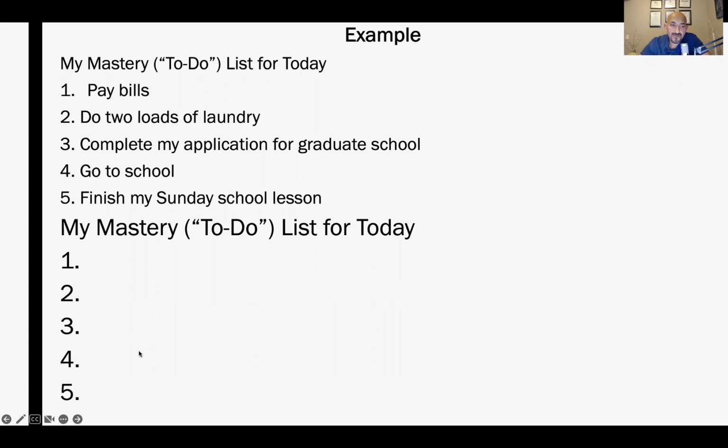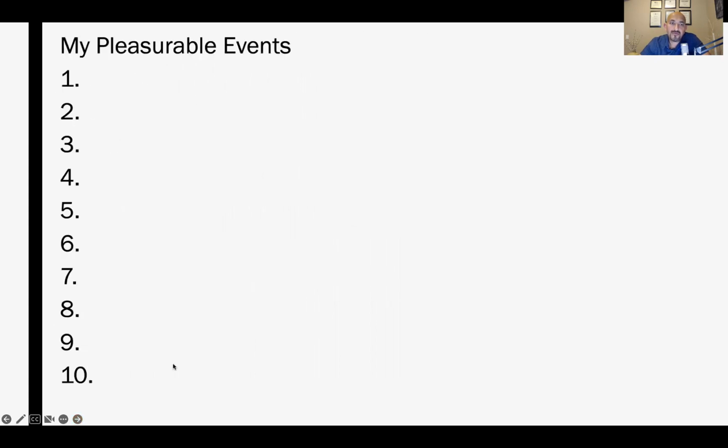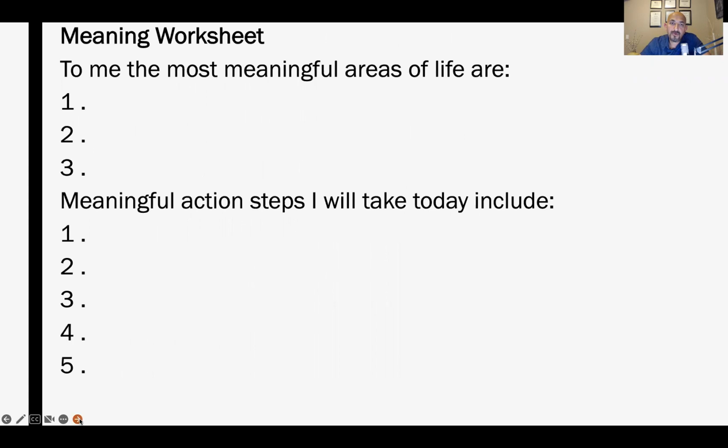So you create a list of things that you're going to do tomorrow. You tell me about a few things that give you pleasure in life, and tell me about what gives you meaning. I told you the 3 exercises, choose 2 of them.